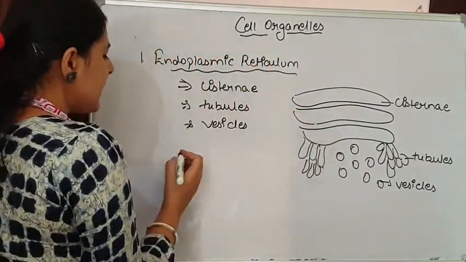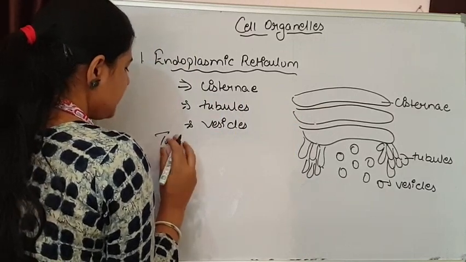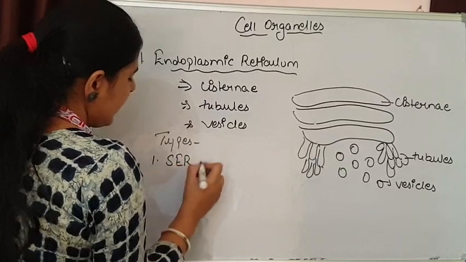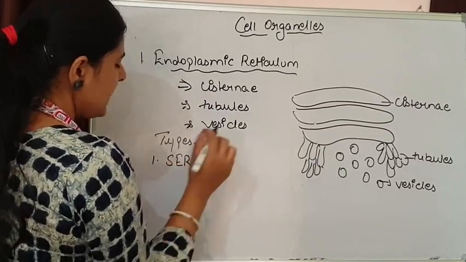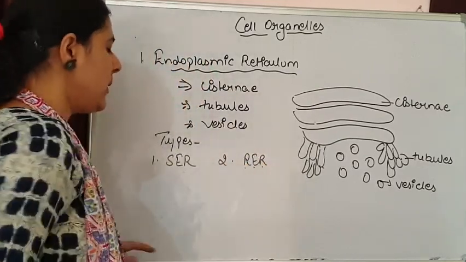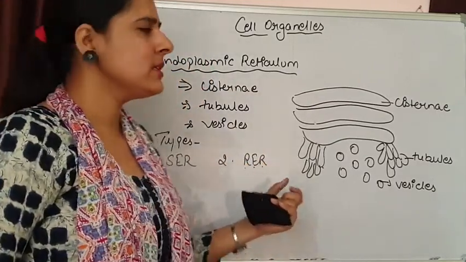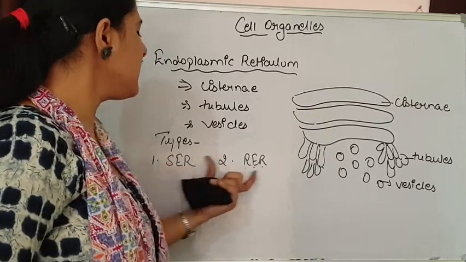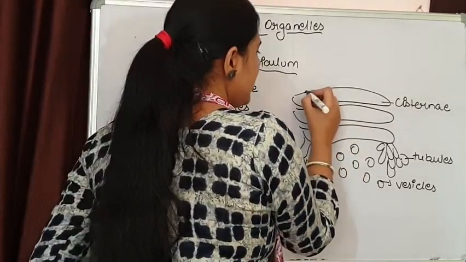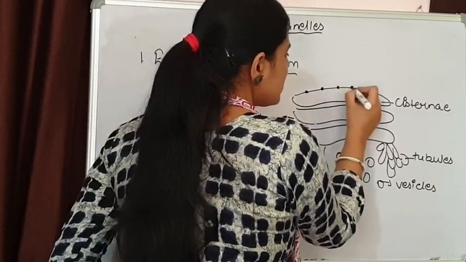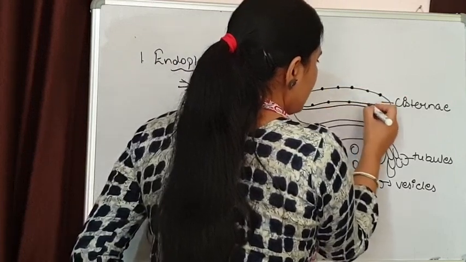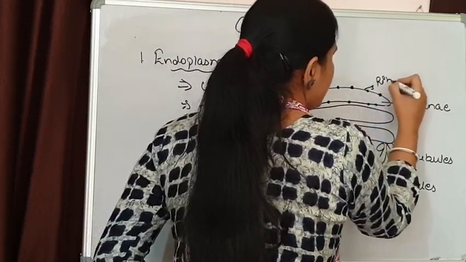Now what is this endoplasmic reticulum doing? The endoplasmic reticulum is of two types: smooth endoplasmic reticulum, also called SER, and second, rough endoplasmic reticulum. Why smooth and rough? We are saying this because of the structure that appears. Some endoplasmic reticulum have small bead-like structures on their surface, known as ribosomes.